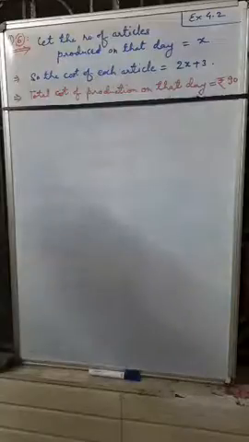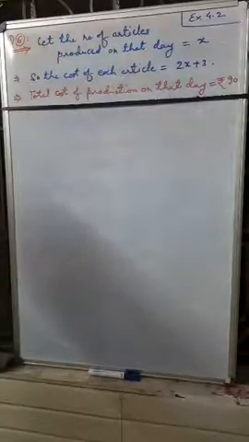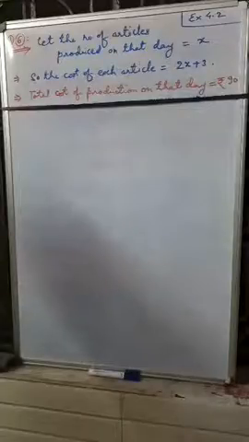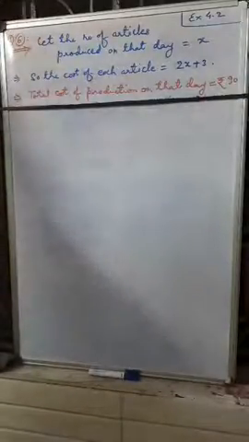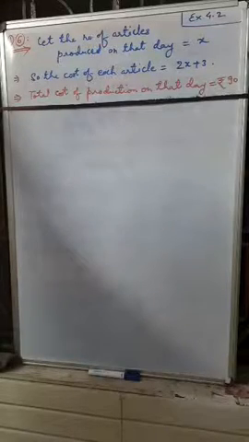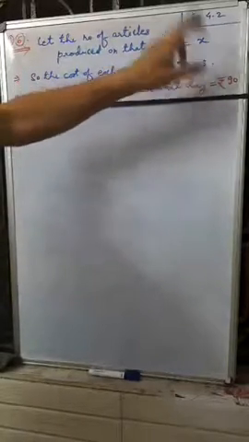So the last line of the problem says, find the number of articles produced and the cost of each article. So we can assume, let the number of articles produced on that day be x.